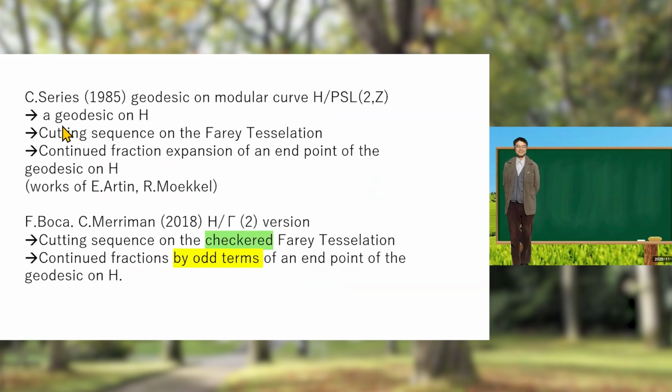The old paper by Caroline Series relates geodesics on the Poincare upper half plane to the cutting sequence of the Farey tessellation and continued fraction expansion. And also Boca and Merriman considered the checkered version of their work.